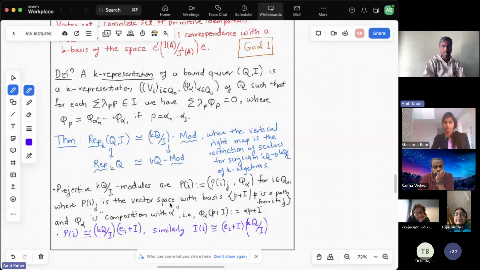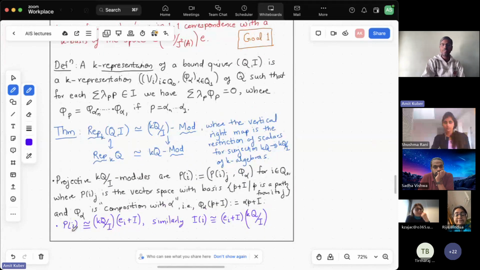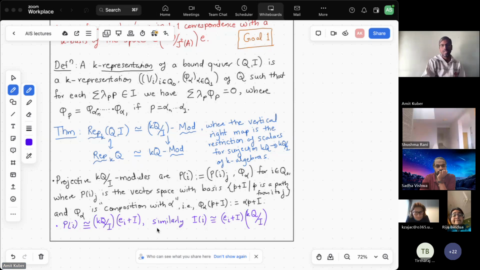And again, what you will have is that P_i in this new setting is the left ideal generated by the new primitive idempotent e_i plus I. And dually, the injective module is the right ideal generated by this. Any questions? I'm going to change the topic for some time.